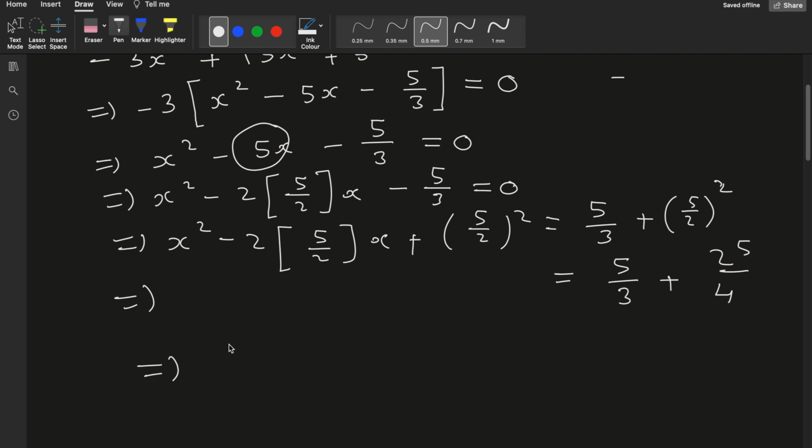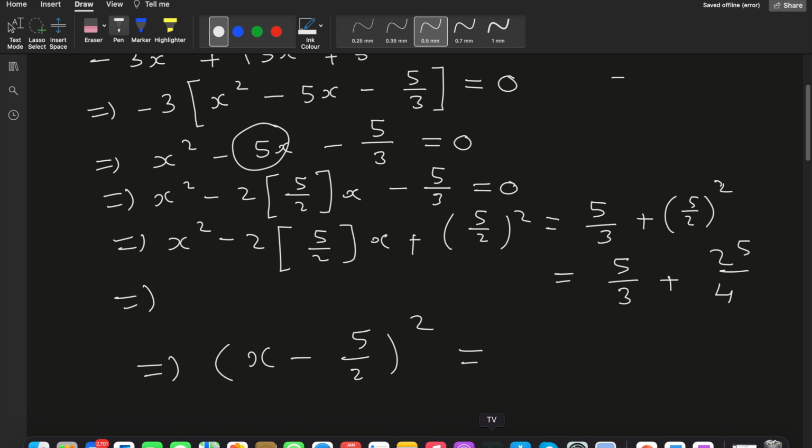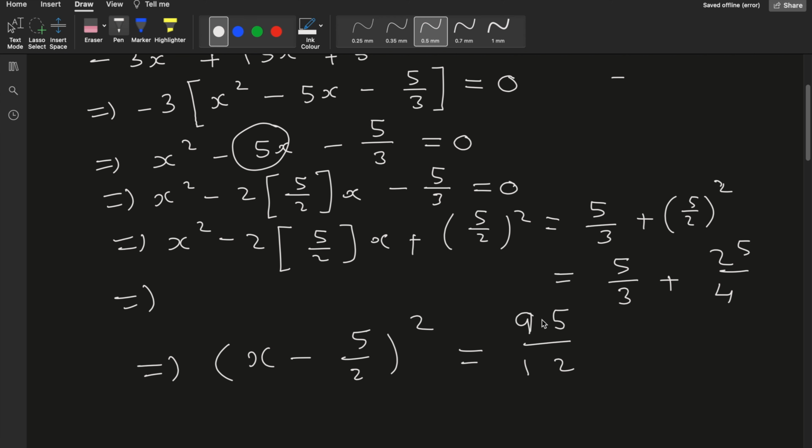This implies that (x minus 5 divided by 2) whole squared equals, I'll just use the calculator to find this out, 5 divided by 3 plus 25 divided by 4, that is 95 divided by 12.